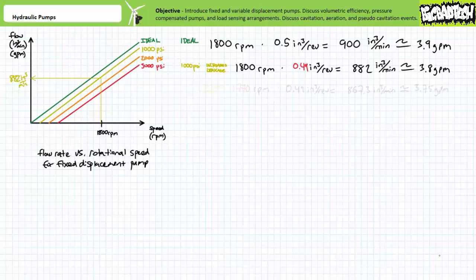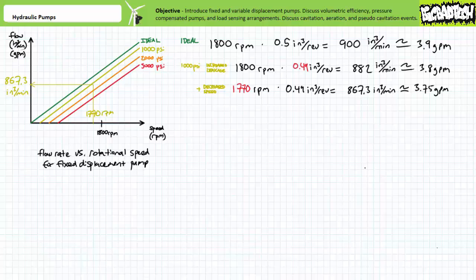As alluded to previously, further complicating this scenario is the fact that the prime mover may not rotate at exactly 1,800 RPM given an increasing pressure requirement of 1,000 psi, but may in fact slip behind at roughly 1,770 RPM due to a corresponding increase in torque.